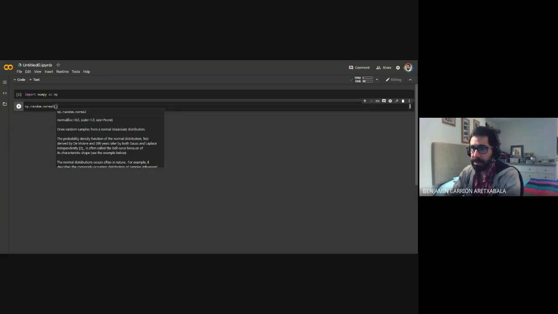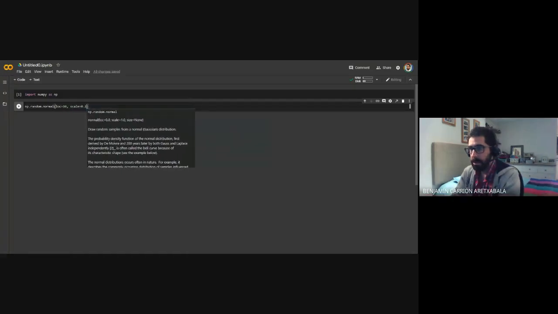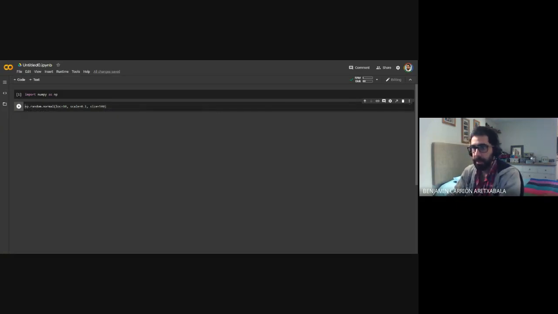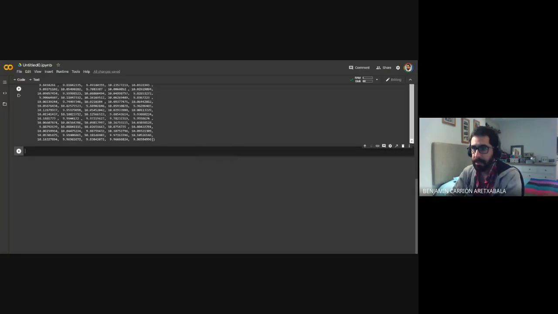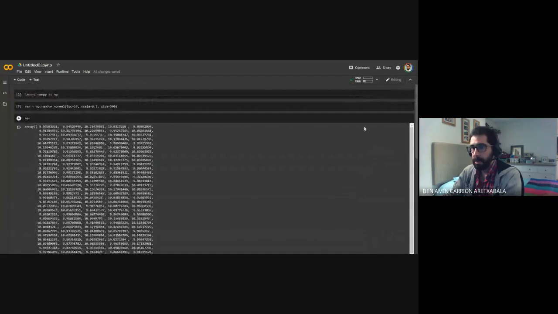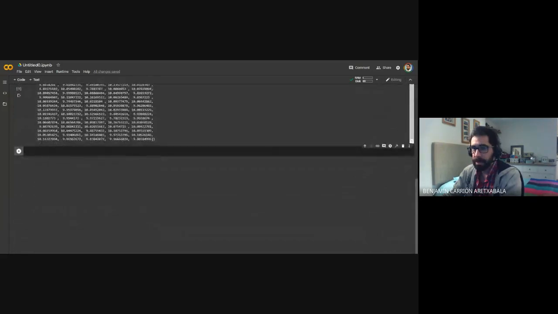And the cool thing is that this shows you the help of the function. So if you put log 10, scale 1, and size 1000 or 500, it will create 500 values. We're going to put this into a variable. It will create 500 values of a normally distributed function. And you can see var here, for instance. It's a very long thing, but you could, for instance, plot this.